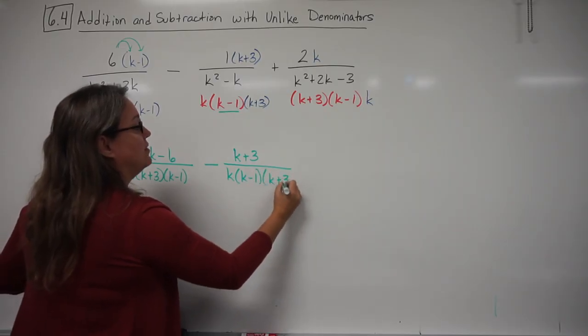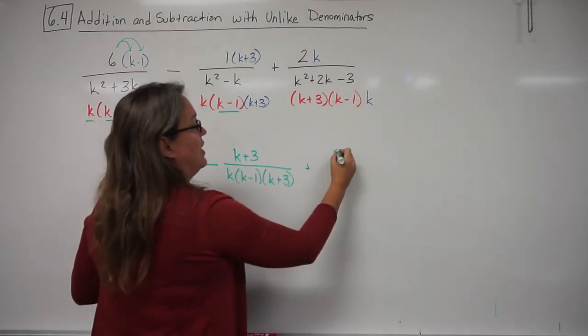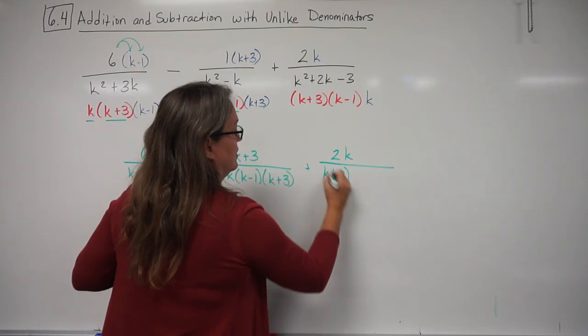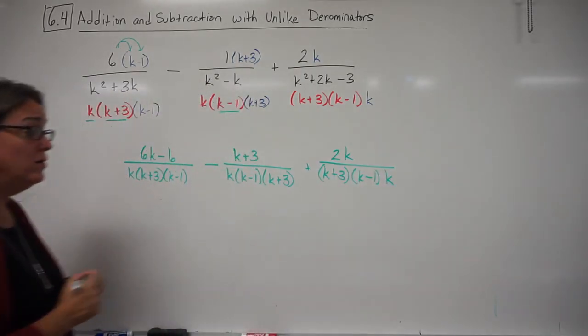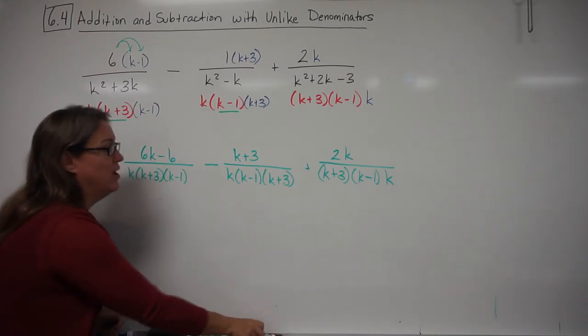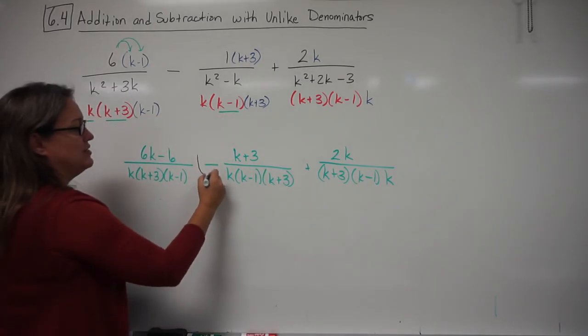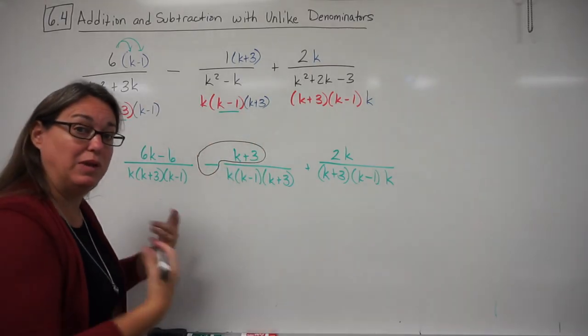Order doesn't matter. We have distributive or commutative property. And this is already ready for us. Now, we have common denominators all the way through. We're going to combine the numerators. The thing to watch out for is that you have this minus, so be careful.